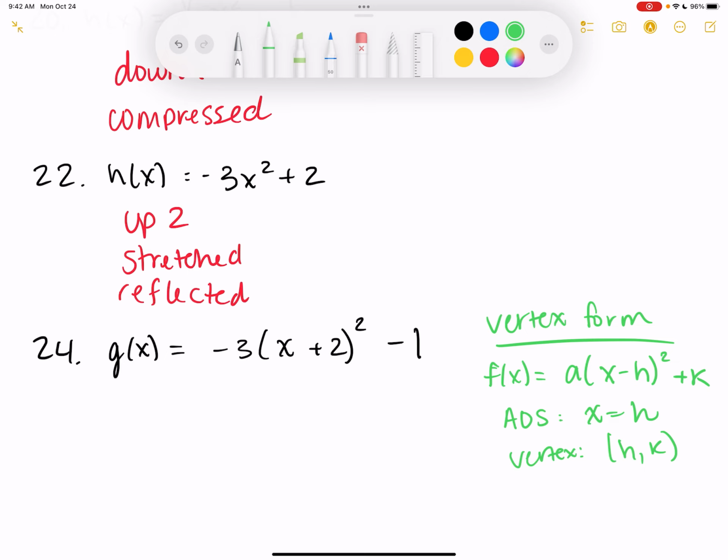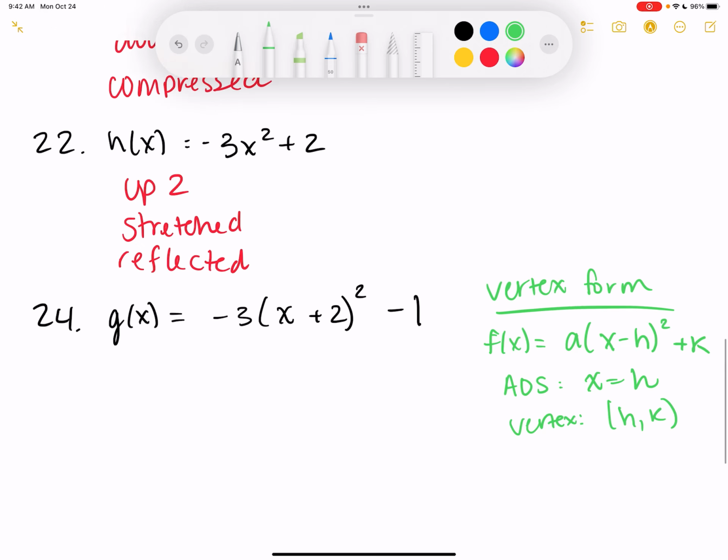So what is my vertex then? What is this sign supposed to be? Negative. So if it's not that, then what is my x coordinate going to be? 2, negative 2.